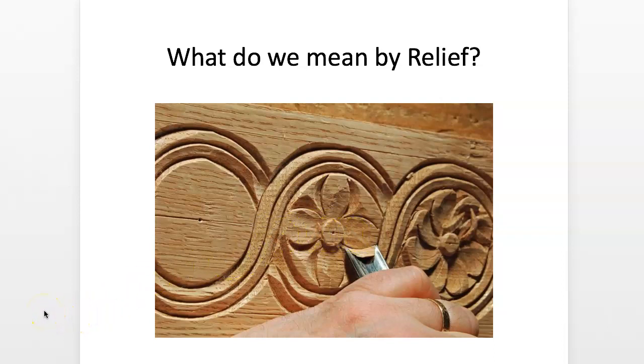Oftentimes carved out of things like wood or stone in the past. And it's kind of divided into the relationships of the space from the very back matrix down into it, or up from it. So in this piece, the artist is actually carving into the matrix, right?